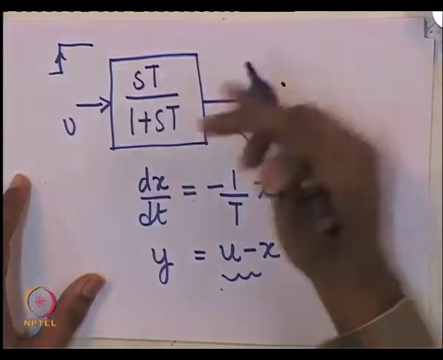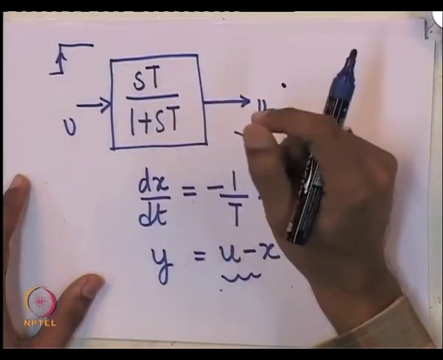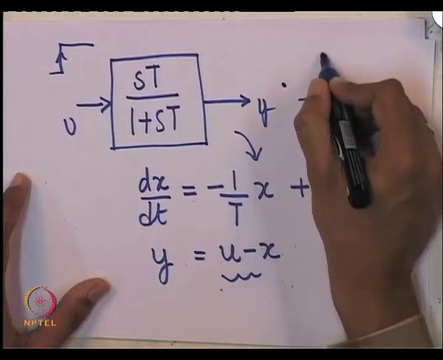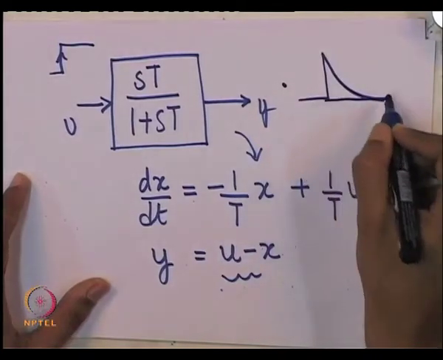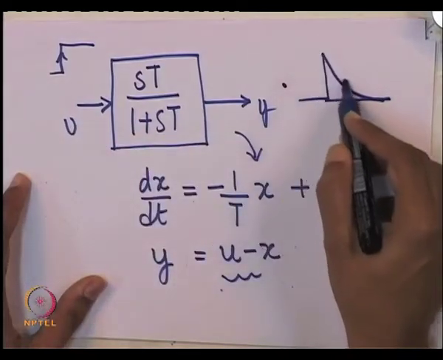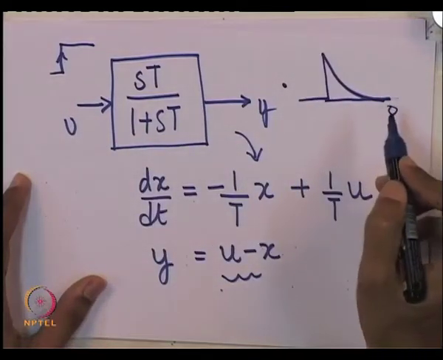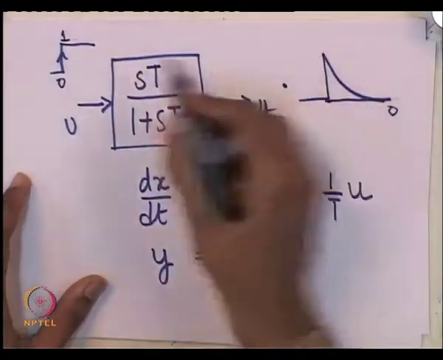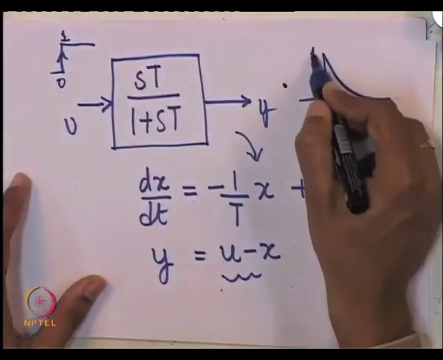For low frequencies, the gain is going to be 0. For a step change, the response of y is going to be like this. The final value is going to be 0, and the initial value is going to be whatever this value is. Suppose this is 1, then this is also 1.